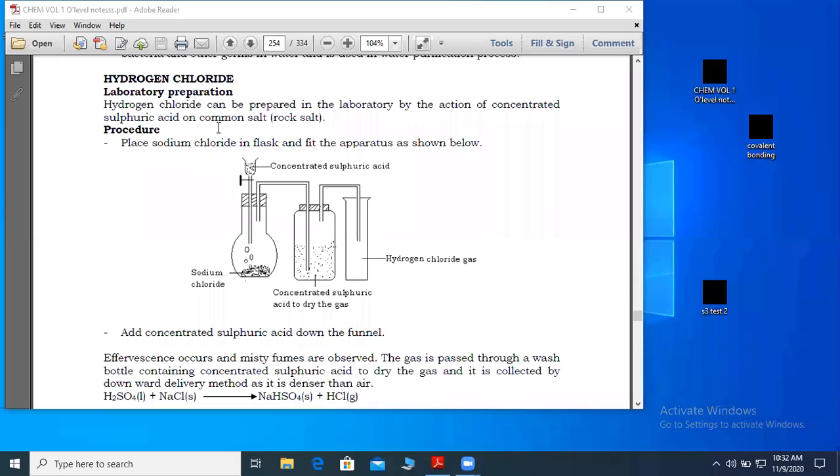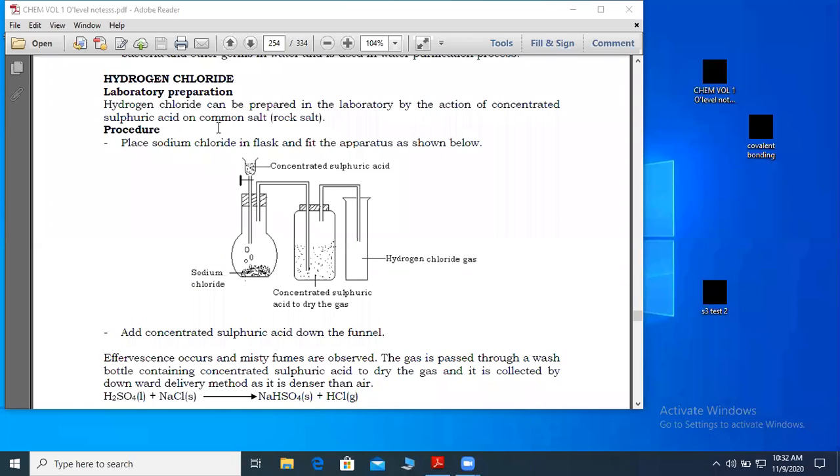So I came prepared to discuss with you this part, and this is where we are now. The gas is hydrogen chloride. So that is our subheading now. Hydrogen chloride gas. How is it prepared in the laboratory?